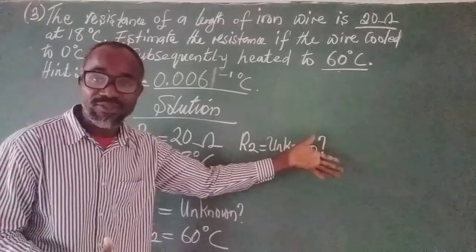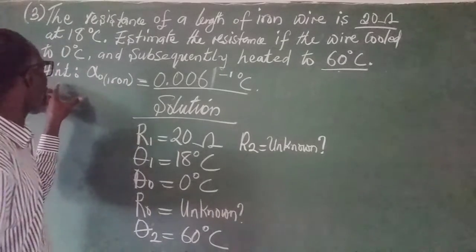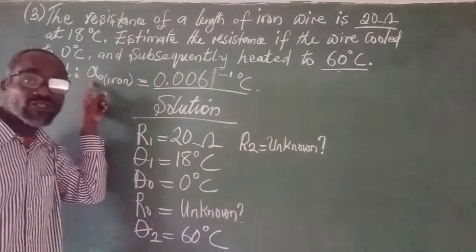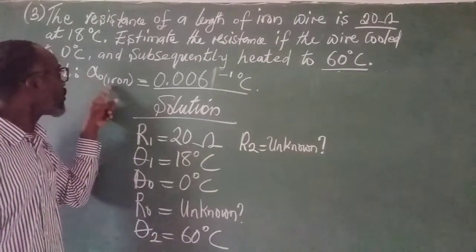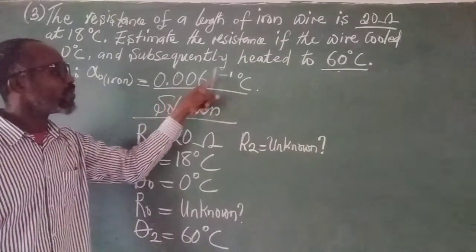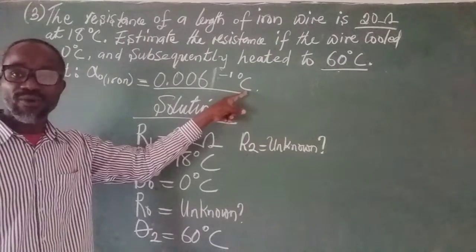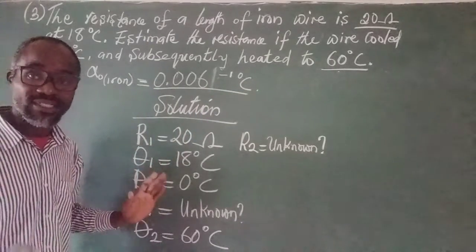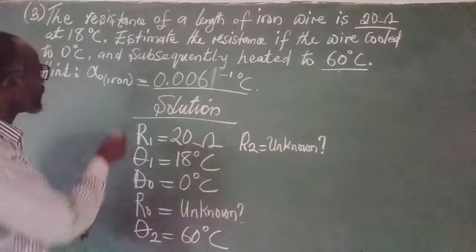That's what we are asked to do. Now, the hint here is that the temperature coefficient of iron wire is given as 0.006 per degree Celsius. Very, very important, so we take note of this.